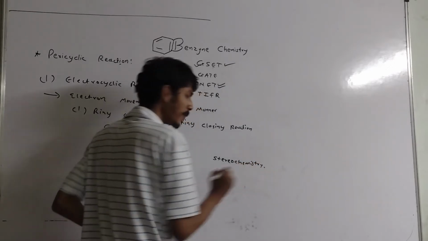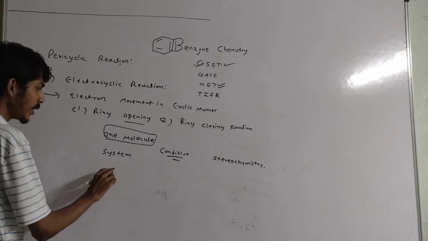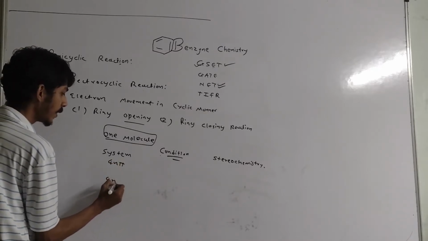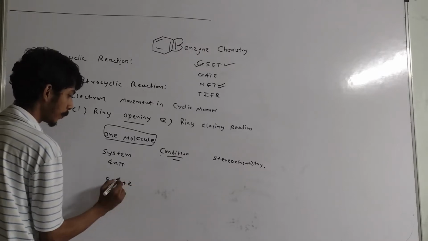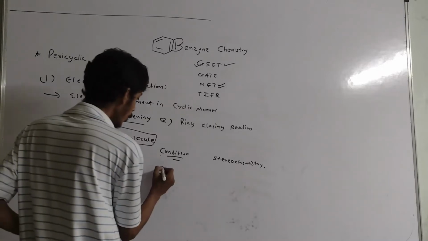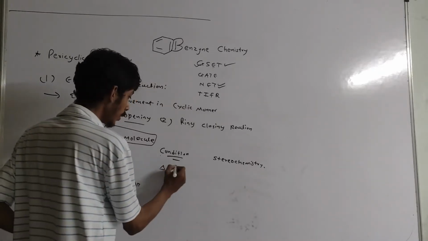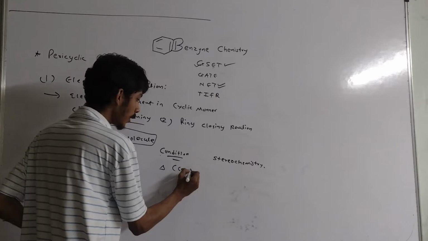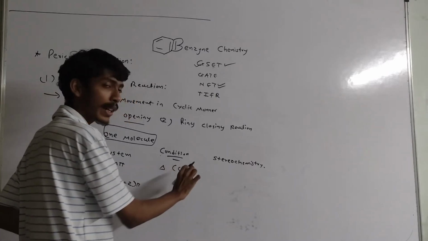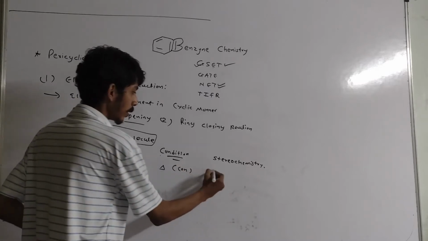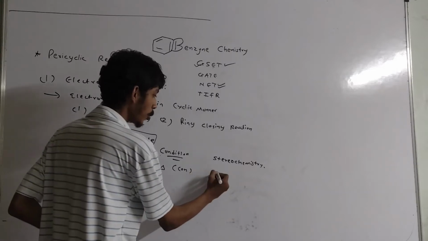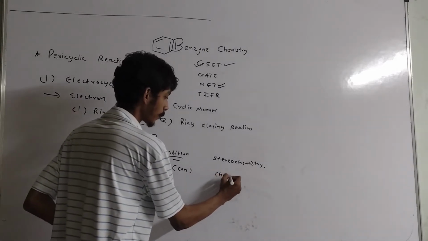There are basically two systems undergoing the electrocyclic reaction: the 4n pi system and the 4n plus 2 pi electron system. In heating condition, the 4n system undergoes conrotatory motion, and in conrotatory motion the stereochemistry is changed.